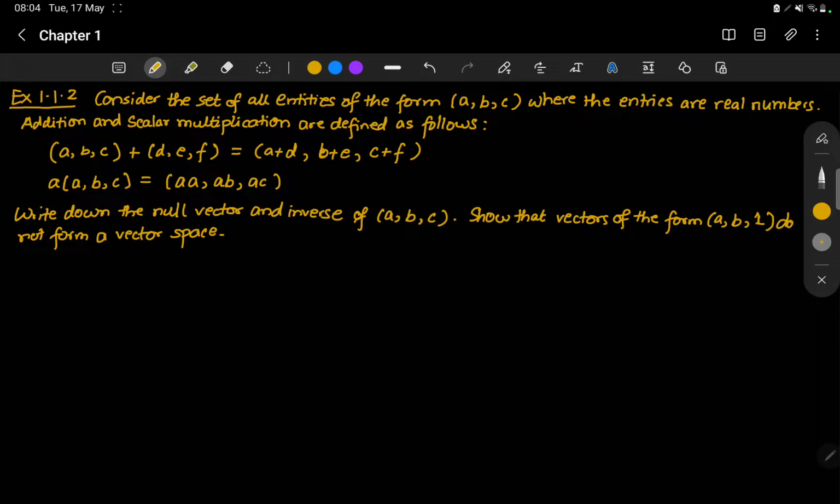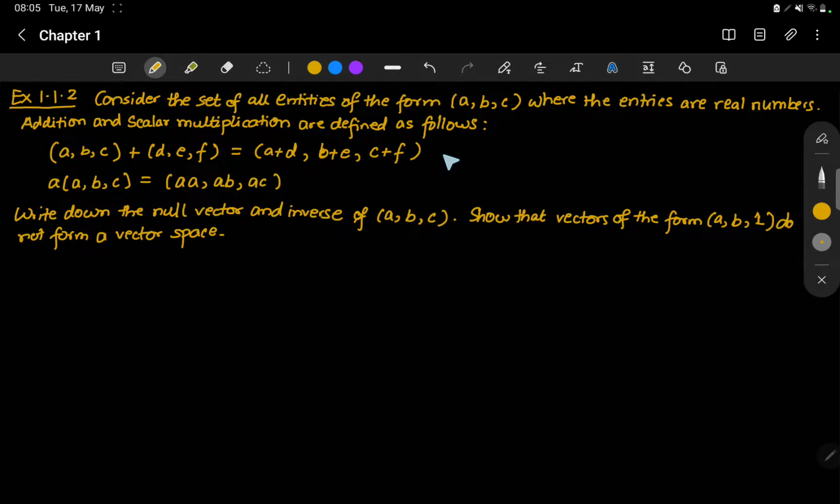So let us just read the question again. What this question says is that we have the entities of this form. This is a triplet A, B, C, and all these entries in this entity are real numbers. Now we have defined the vector addition and scalar multiplication.